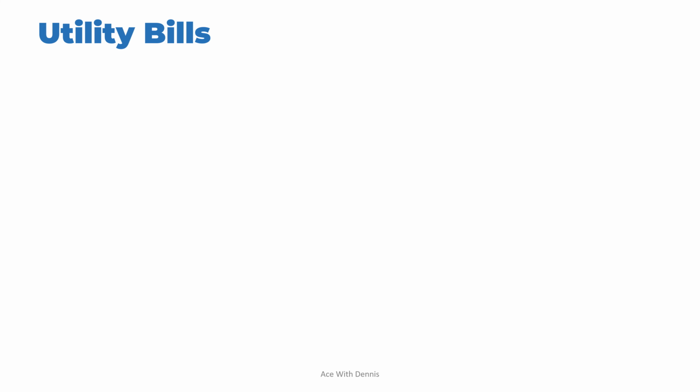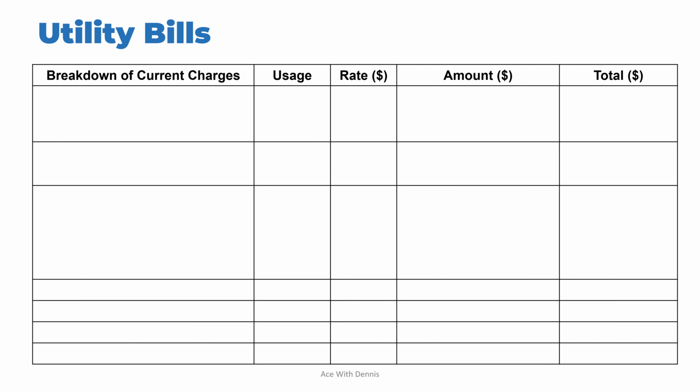Now let's discuss in detail how utility bills are actually calculated. This is the template of the utility bill, and we'll use the current rate. Today, this year is 2022, so the rate that we are going to use here will be the current rate. Do you still remember the 3 main categories? The first one would be the electricity services.